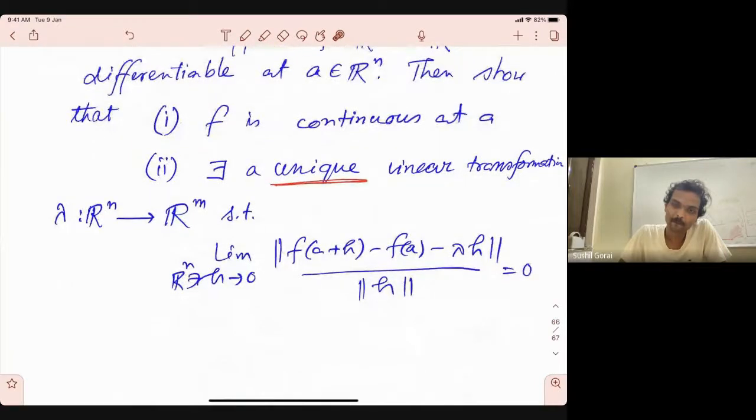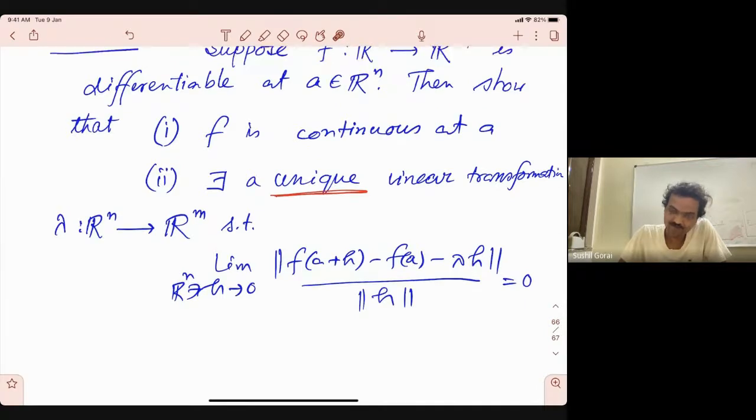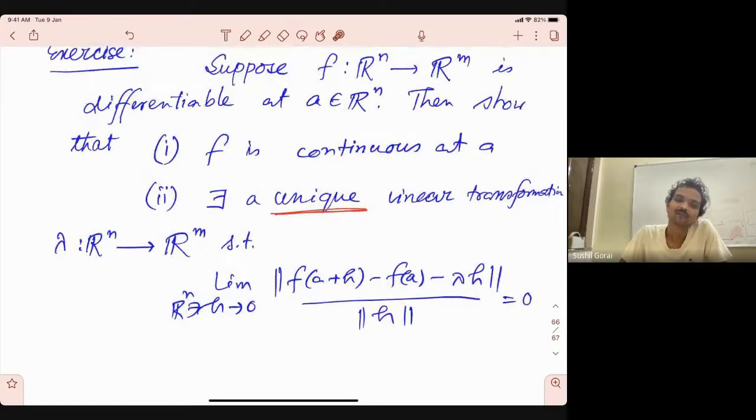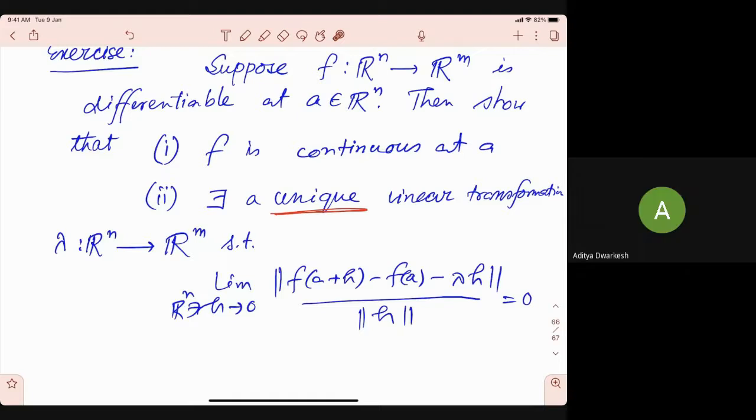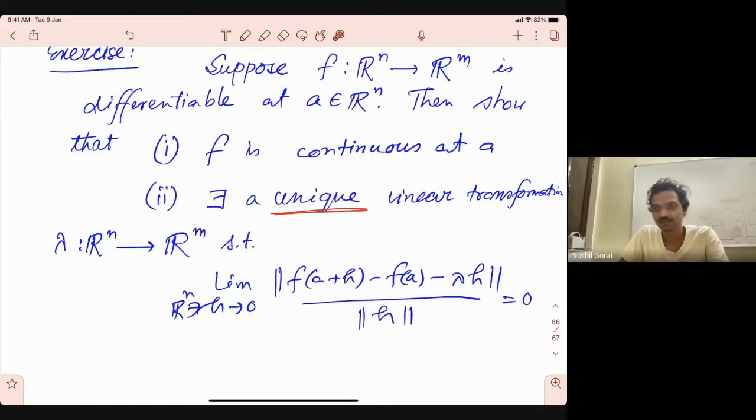Is this clear? Okay, so is anybody not clear about this thing?